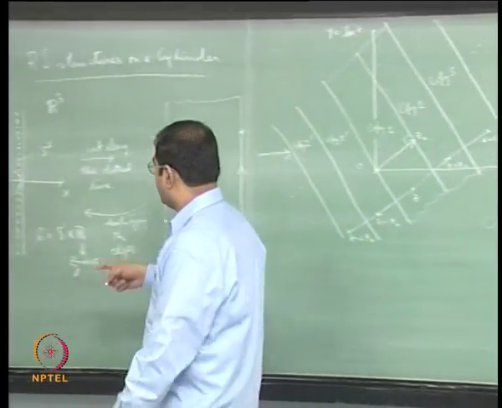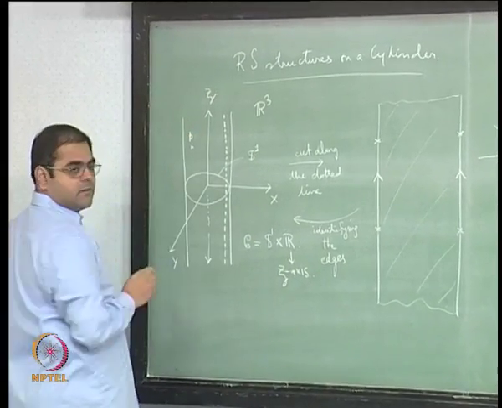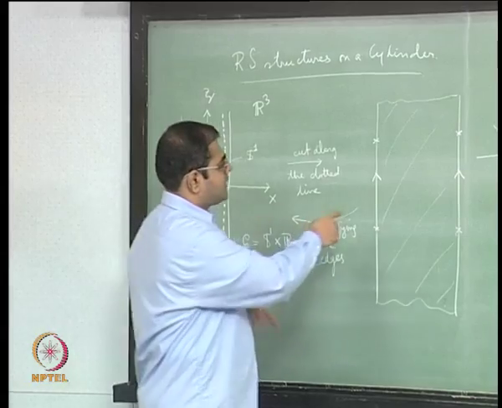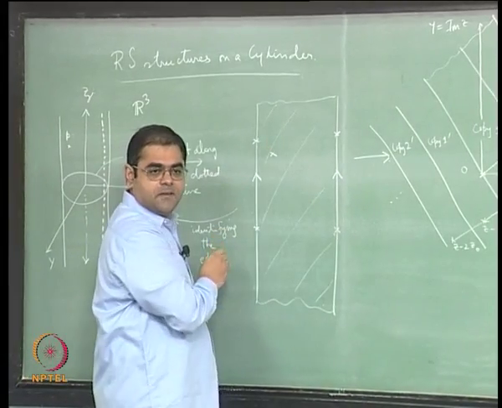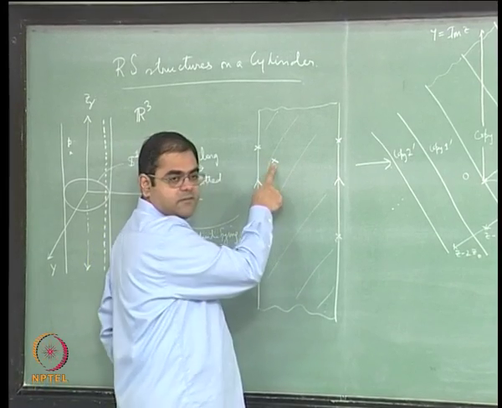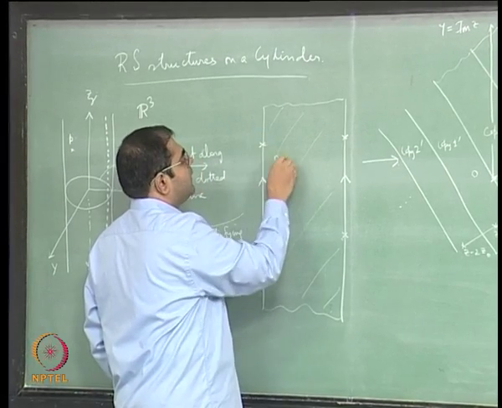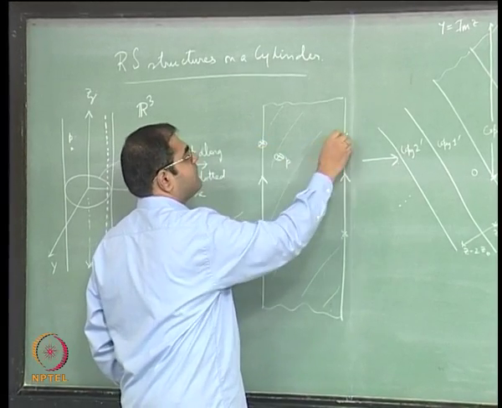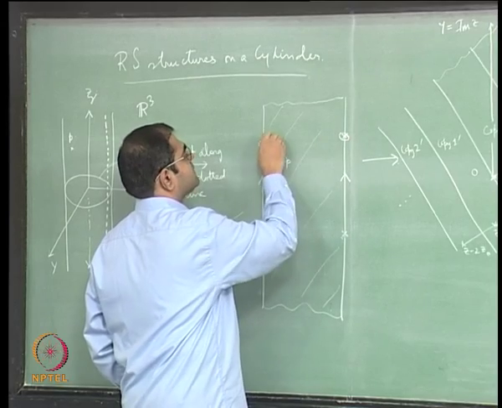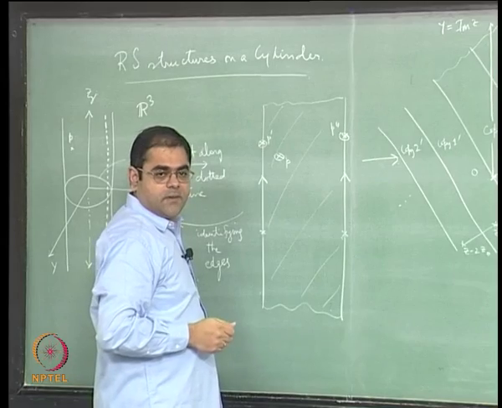So if you give me a point P on the cylinder, that point P is going to correspond to a point on the strip. Either it can correspond to a point in the interior, in which case you will get only one point, or it may correspond to 2 points. If it is a boundary point, I will get 2 points, P prime and P double prime.